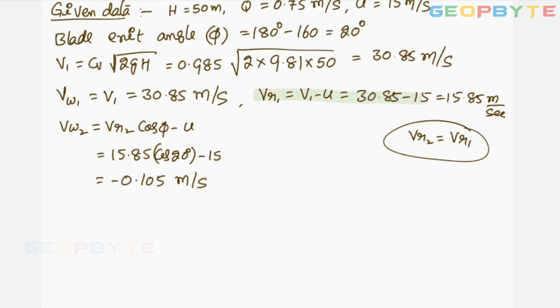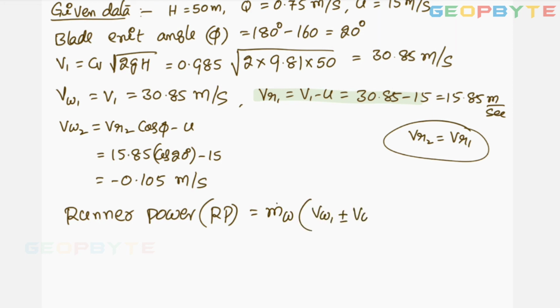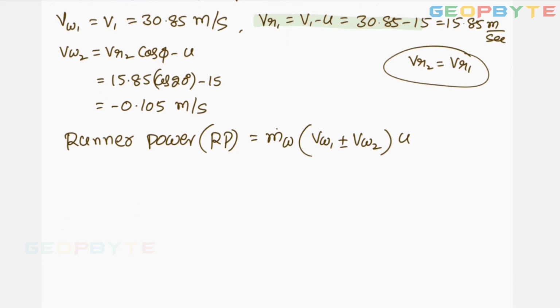Then runner power, RP equal to mass flow rate of the water into VW1 plus or minus VW2 into U. Remember, for this case it is VW1 minus VW2 because the VW2 value is negative.